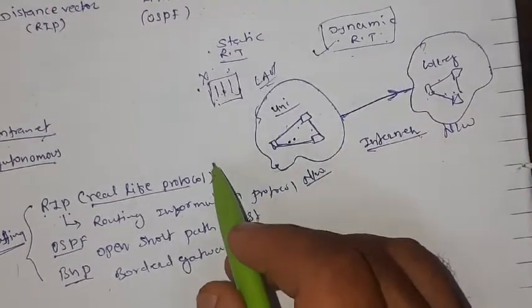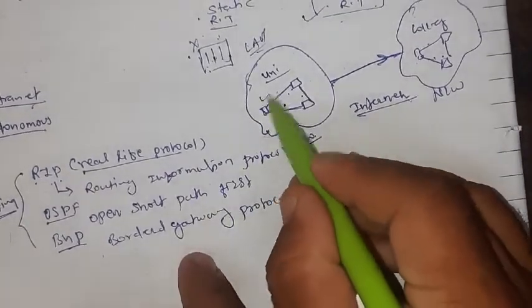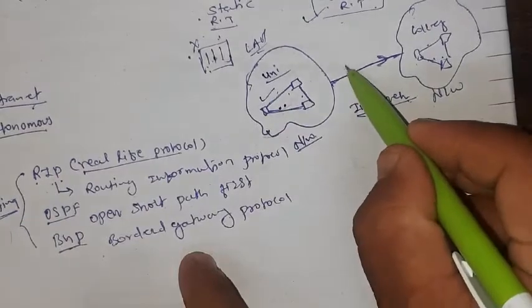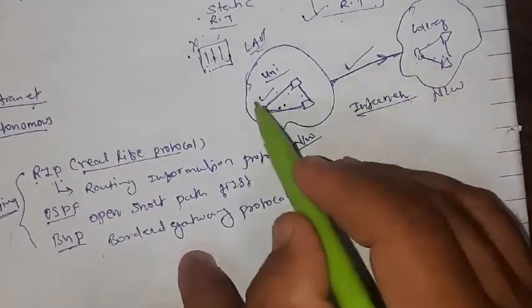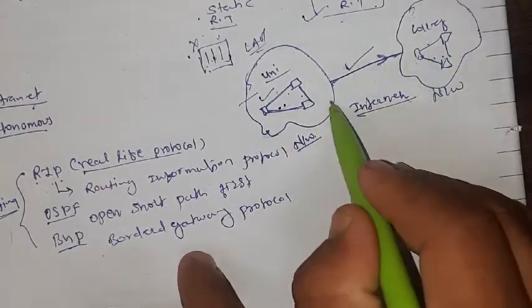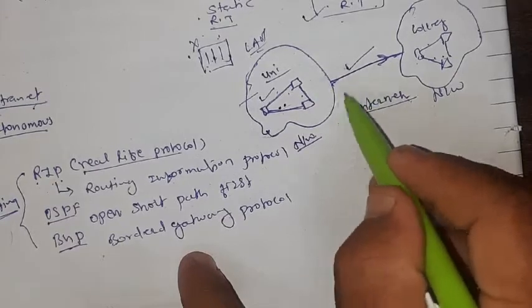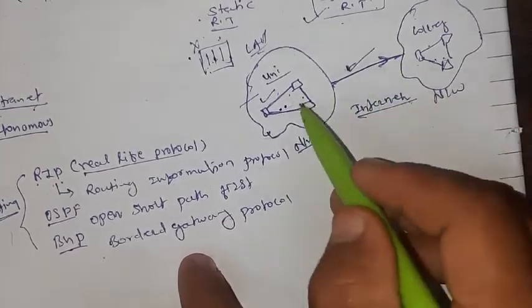So I hope you now know what is meant by intra networking and what is meant by inter networking. This is intradomain, and the conversation between two networks, two LAN networks, using internetworking is called interdomain.